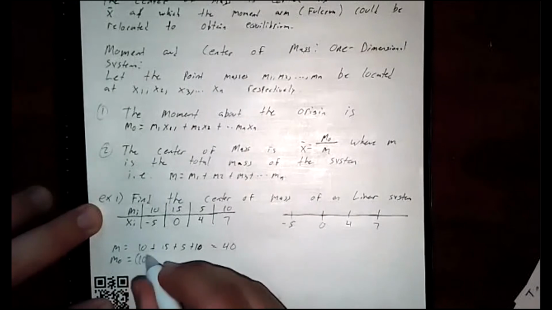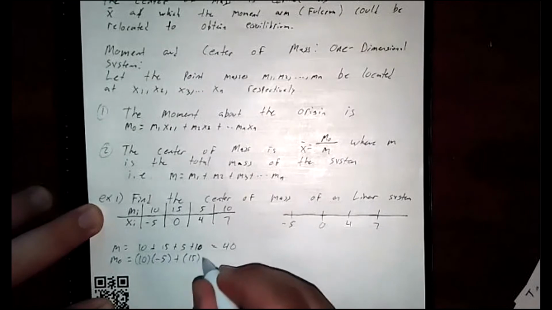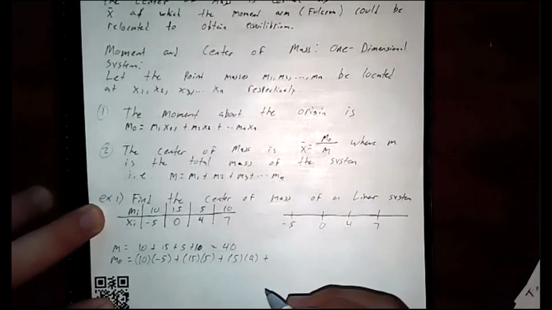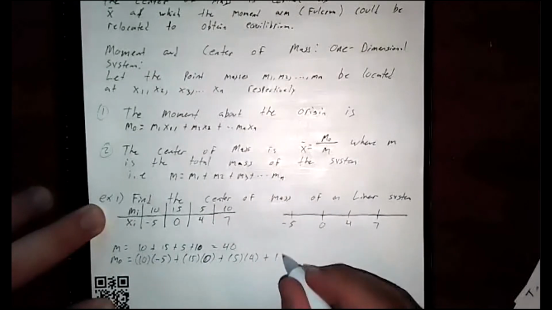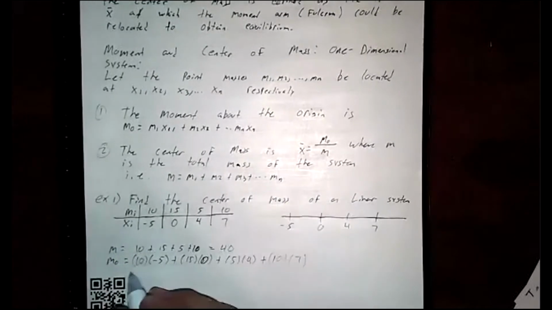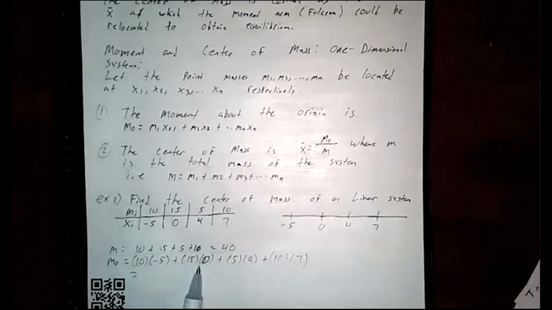So 10 times negative 5 plus 15 times 0 plus 5 times 4 plus 10 times 7. That would be a total of what? This is 0, this is negative 50. 70 and negative 50 is 20, plus 20, this is 40.